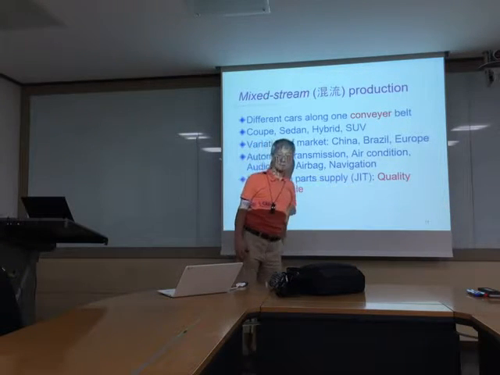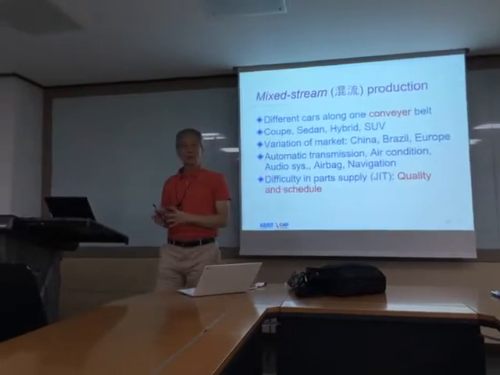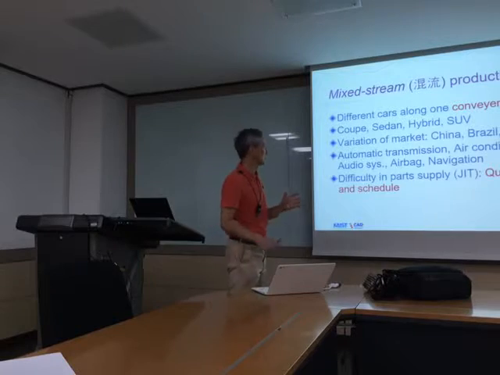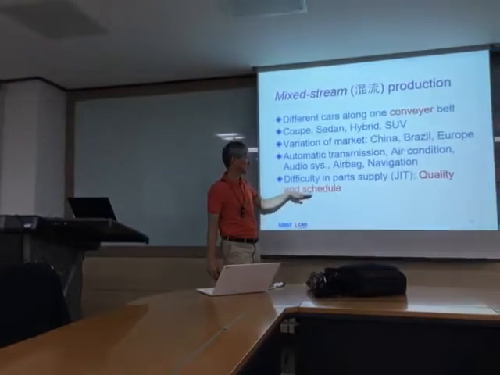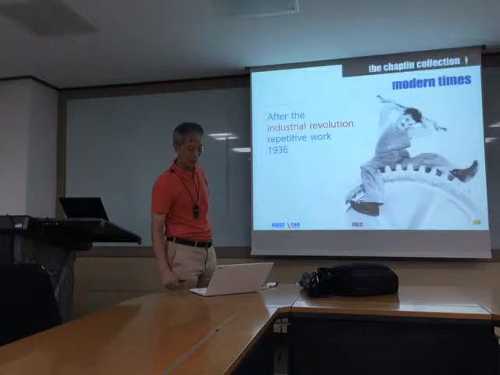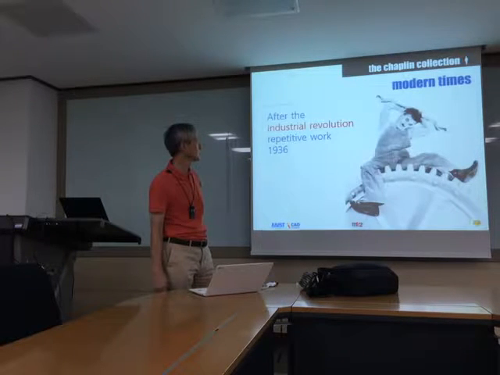Just in time means the delivery is done when it is needed. So quality and schedule are complicated, compared to old times. Modern Times is the old famous film of Chaplin.